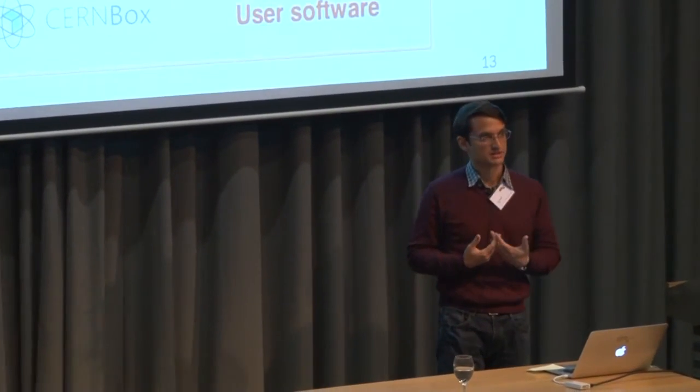Then if there is a user that has some software, some library, that is not on CVMFS because it's not mainstream or because it's a custom library, this user still has the possibility to install it in Sandbox and then configure the environment to pick it from Sandbox. So we give some flexibility in that regard as well.